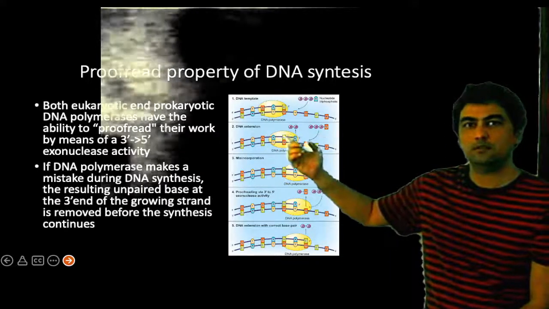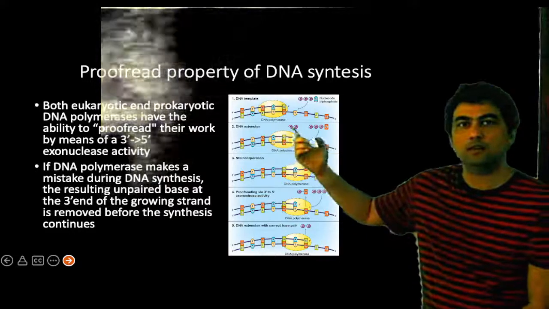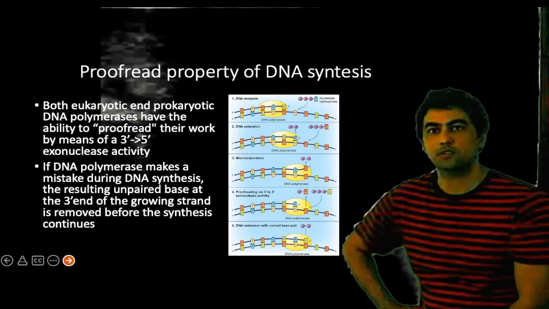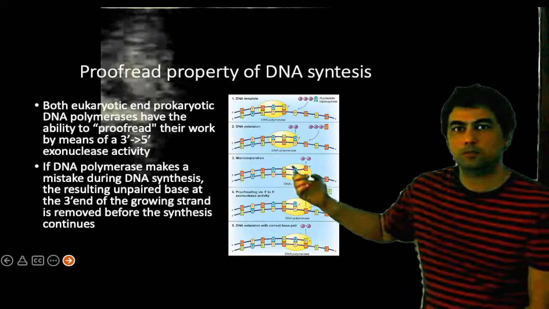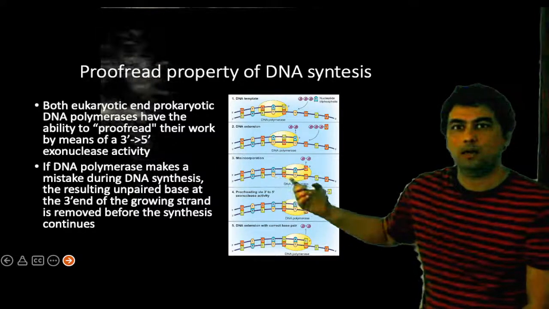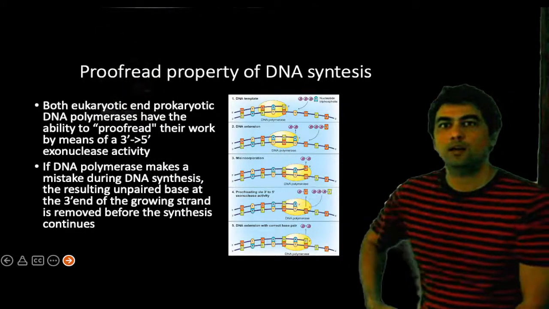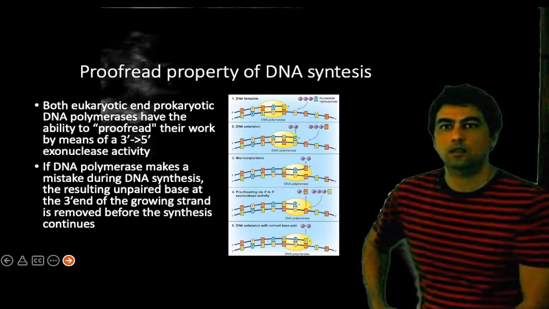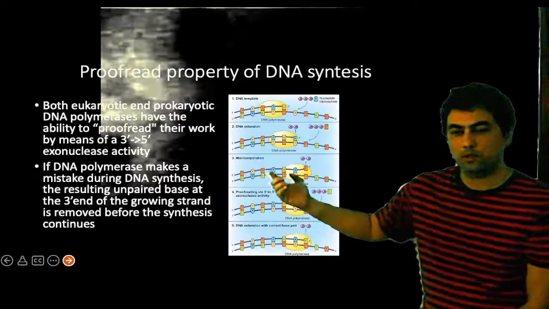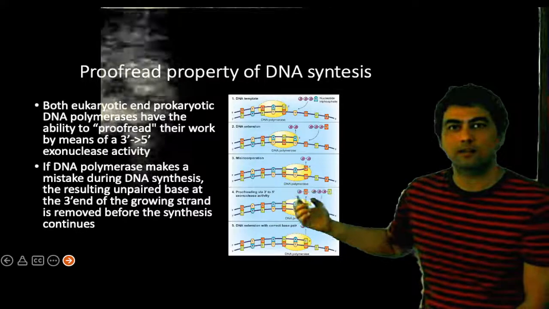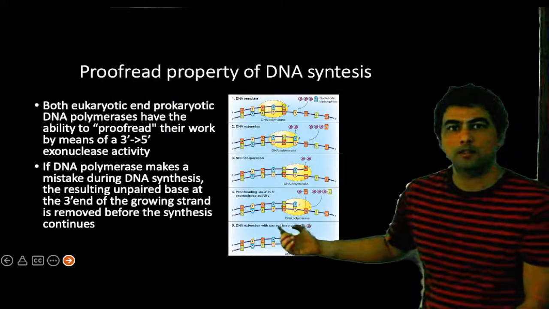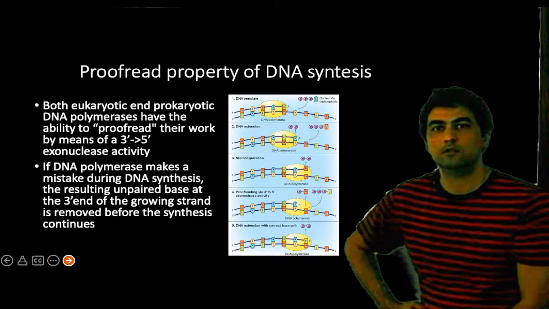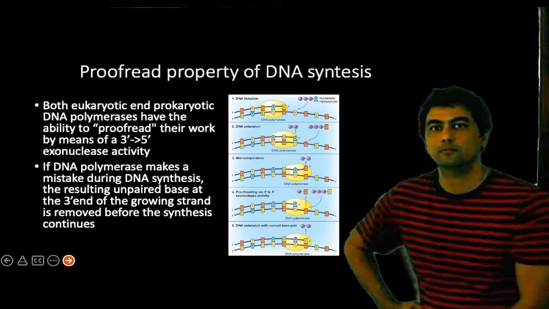And you can see here a mistake, a guanine with a cytosine, and the polymerase making an unpaired base, and we can have a 3' exonuclease remove this guanine and make a correct pairing of bases. Okay.